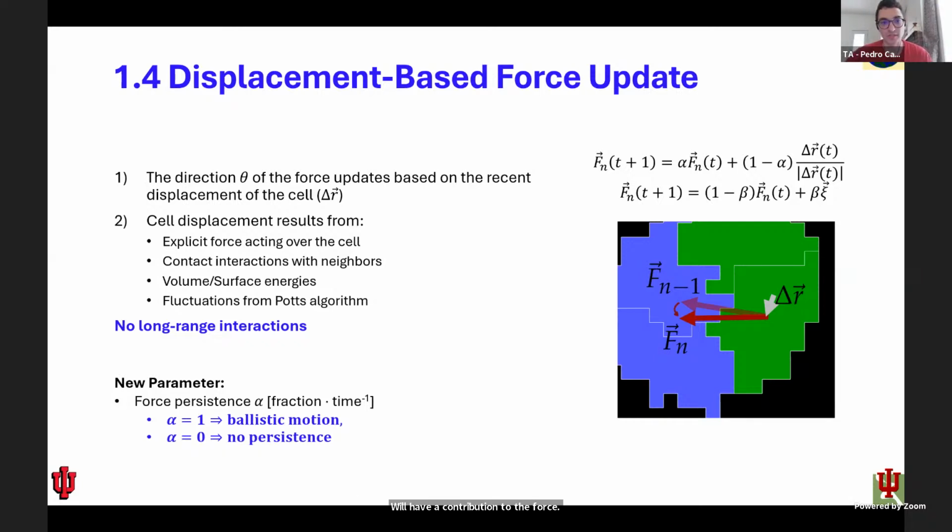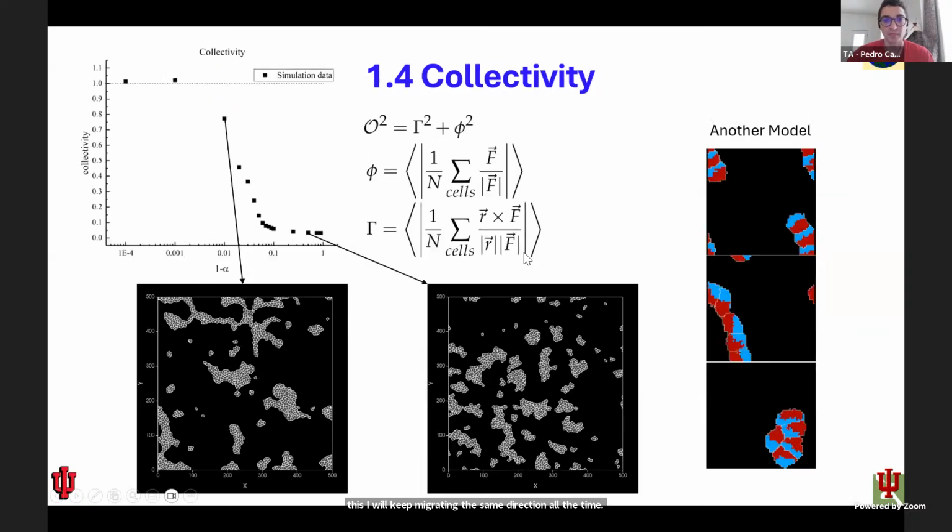So whether the cell is in contact with neighbors and whether there are, for example, fluctuations from the Potts algorithm, volume and surface energies, and the explicit force itself acting over the cell, these will all contribute by causing the cell to displace. The important parameter here, alpha, if it's 1, you have no contribution from displacement, so the cell will keep migrating in the same direction all the time, and alpha equals 0, no persistence.